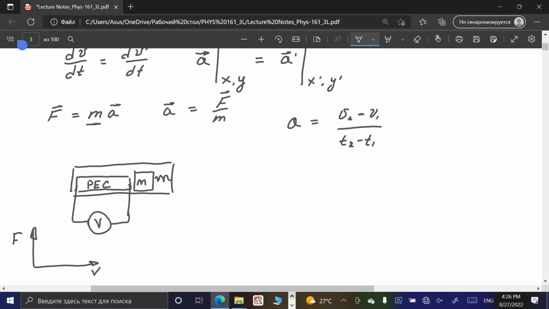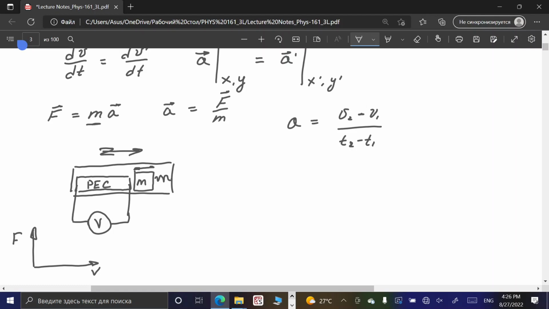like potential difference which is generated at the edges of this crystal. So then when this system starts to move in this direction, left and right, there will be motion of this body with known mass m.